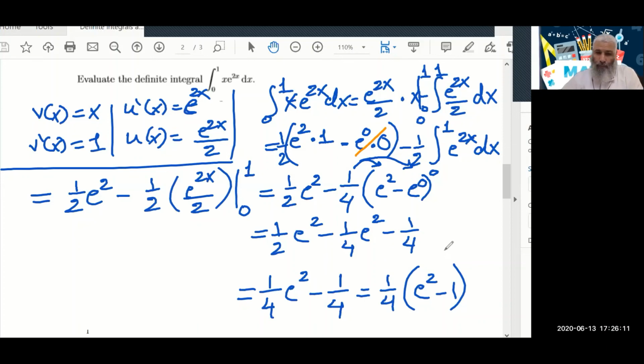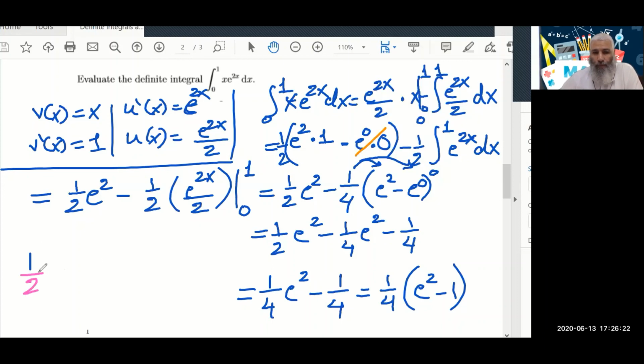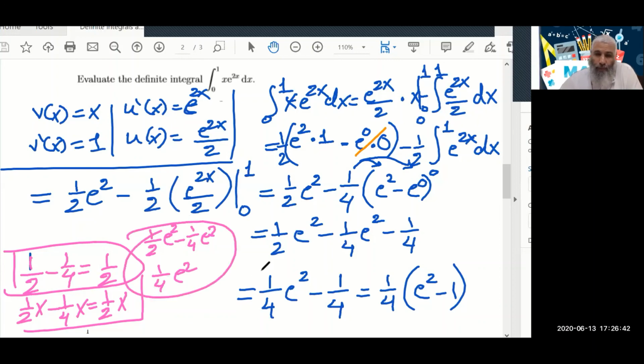What did you do with the 1/2? 1/2 minus 1 over 4 is 1 over 4. So 1 over 2 e power 2 minus 1 over 4 e power 2 is 1 over 4 e power 2.